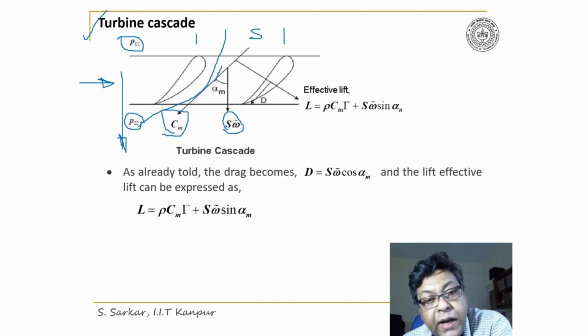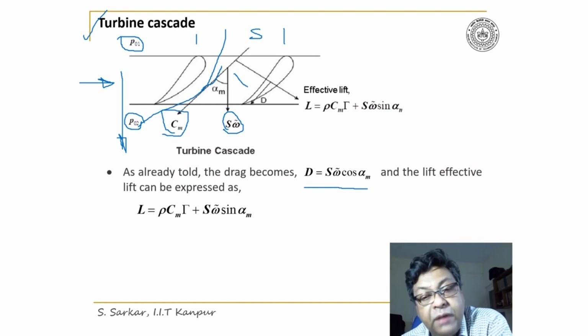One is parallel to Cm, another is perpendicular to Cm. The component which is parallel to Cm will create the drag, and thus the drag is given by S into omega tilde into cos alpha m.